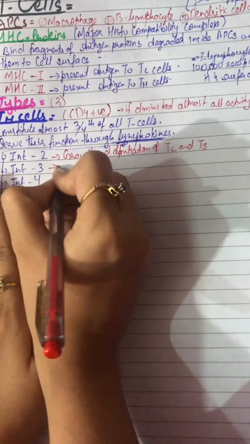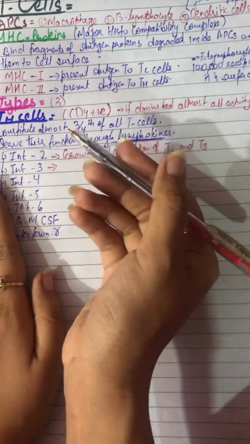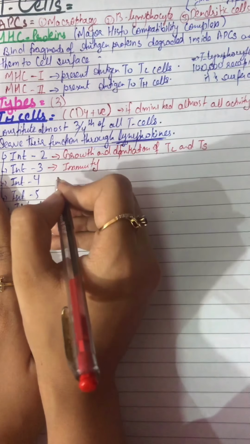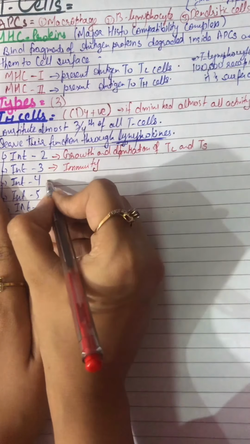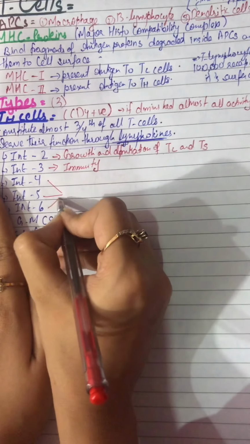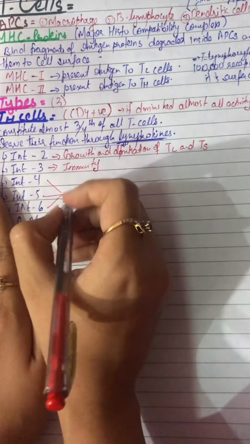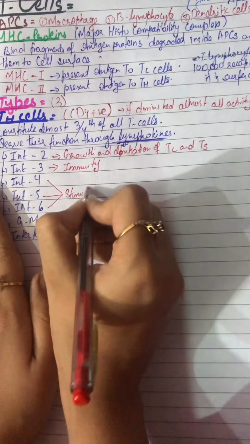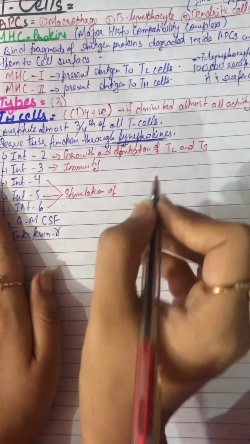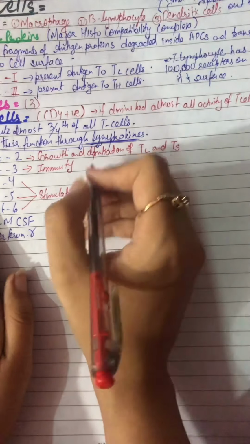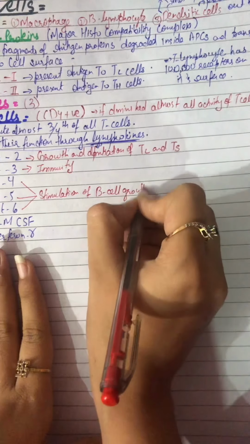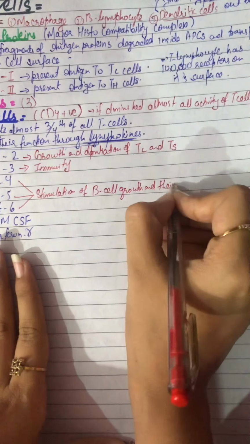Right? Then the interleukin 3 helps in the immunity. Then we have our interleukin 4, 5, 6. These all perform the activity in the stimulation of B cell growth and their differentiation.